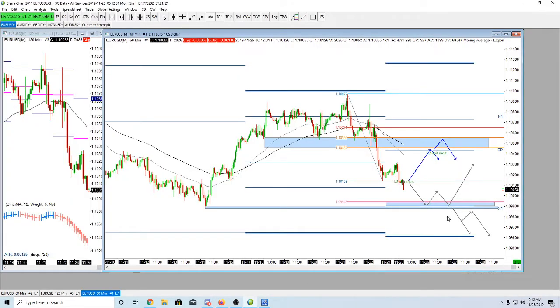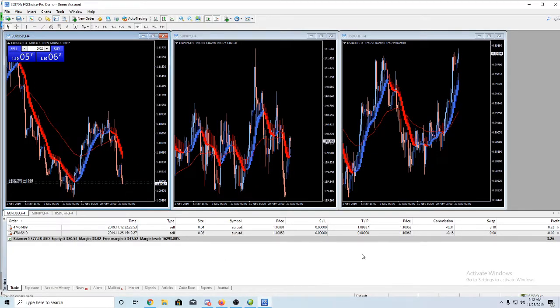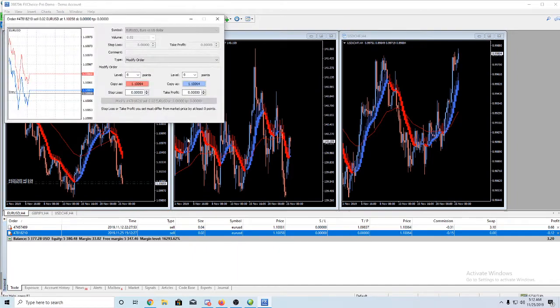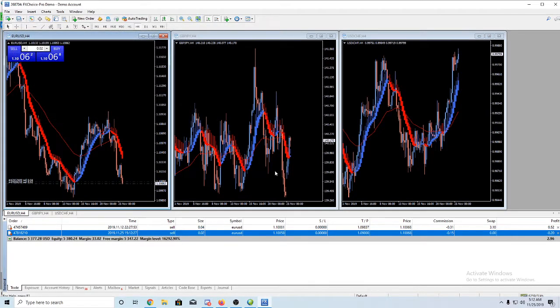Let's go back to here. 109.94, 109.90. Let's just shoot for 109.90. Let's go all the way down to that. So go into this take profit deal here. 1.09900. Cool, so there's that trade.